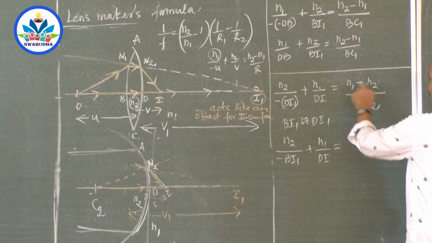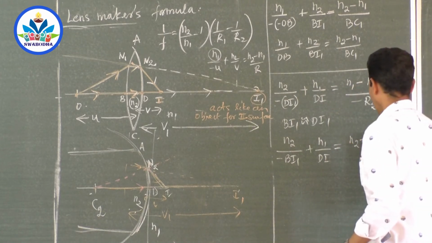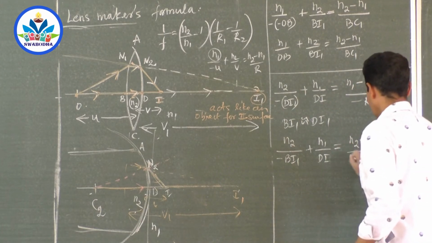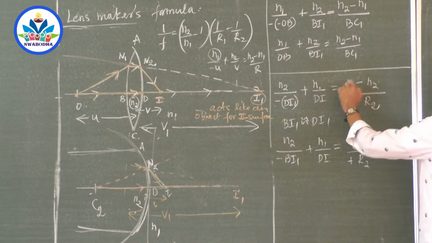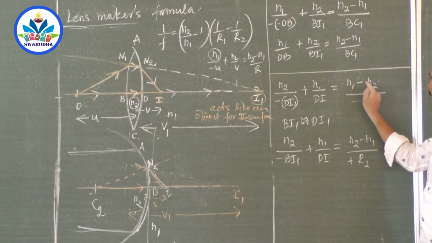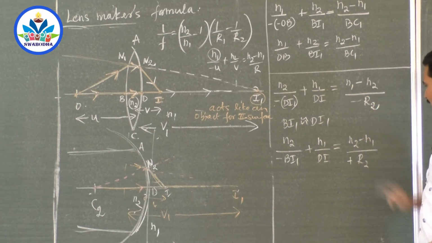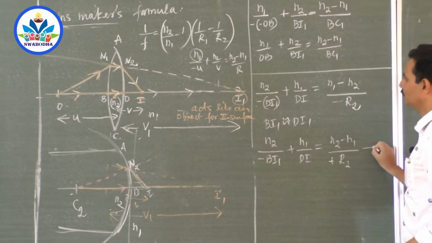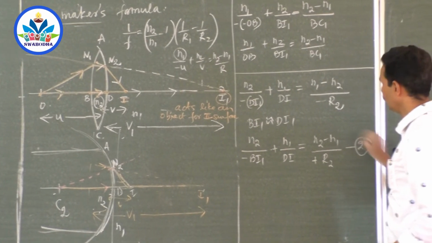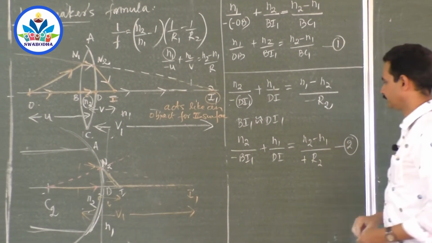Minus of N1 plus N2. So what will this become? N2 minus N1 by plus R2. Did you get that? This minus is brought here. Minus N1 plus N2. N2 minus N1 by R2. This is equation 2 and this is equation 1.